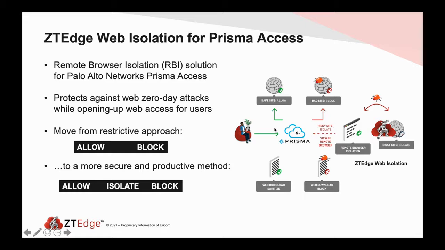The third option, web isolation, means that there's zero chance of the endpoint becoming infected and zero chance of the network becoming infected from any malicious content, allowing the user to safely browse any website that you choose to push through isolation.